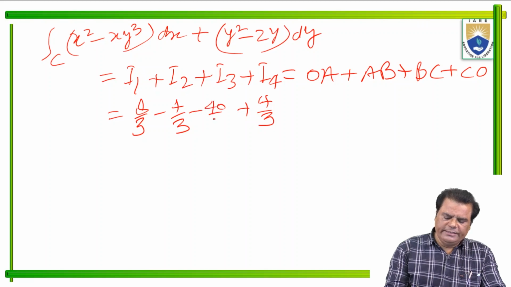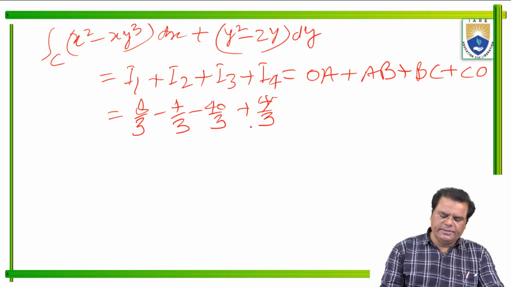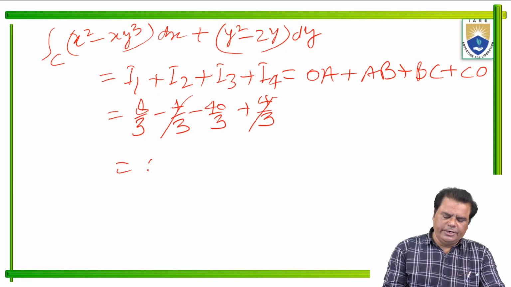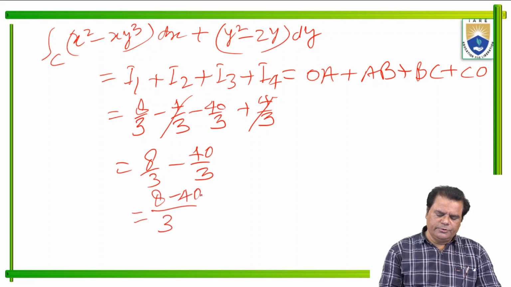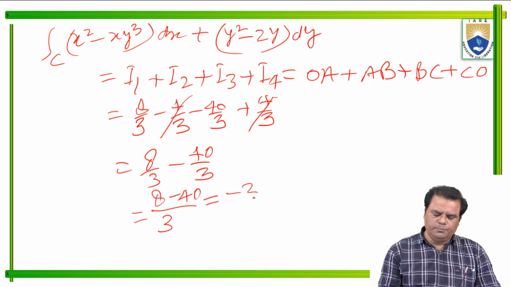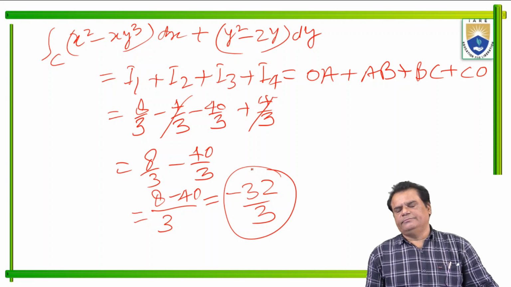So the minus 4 by 3 and 4 by 3 terms cancel, leaving 8 by 3 minus 40 by 3. Taking 3 as LCM, 8 minus 40 gives minus 32 by 3. This is the value of the integral.